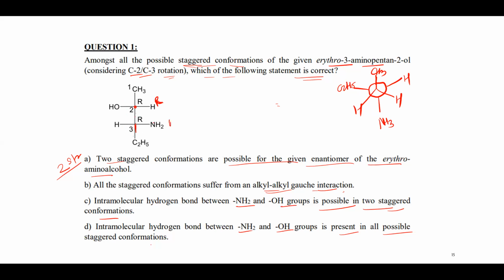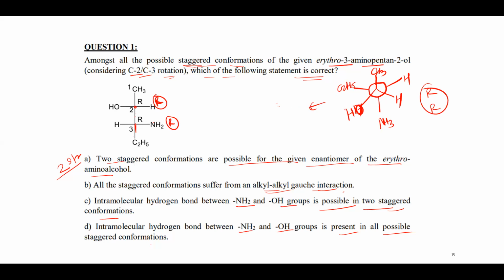S changes to R. So both centers have the R configuration. So it should be here also. Oh, sorry, I have converted this hydroxy. 1, 2, and 3. All right, R. What about the backside carbon atom? All right. This is the structure for this molecule in the staggered form.